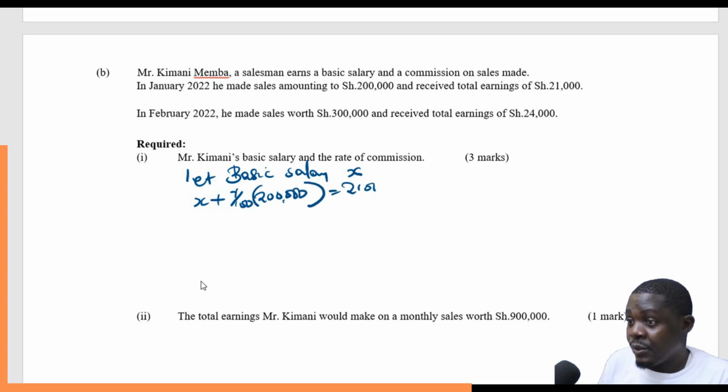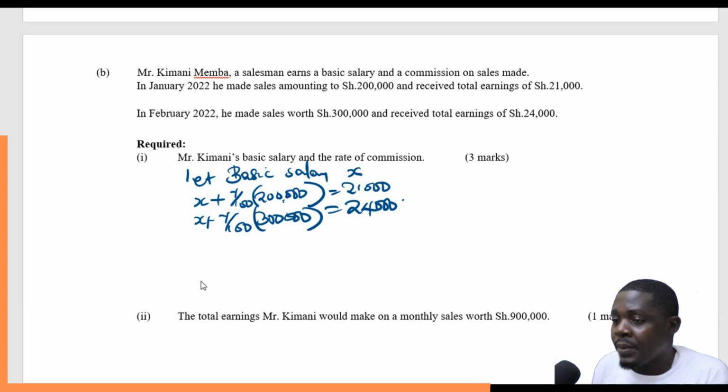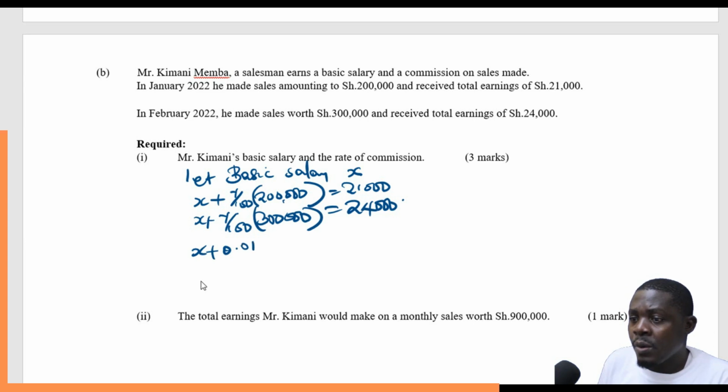The total was 21,000. In the same way, X plus a particular rate Y over 100 multiplied by 300,000 should give us 24,000. Y is being represented by the commission rate.